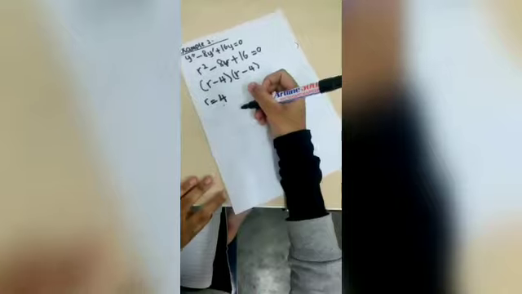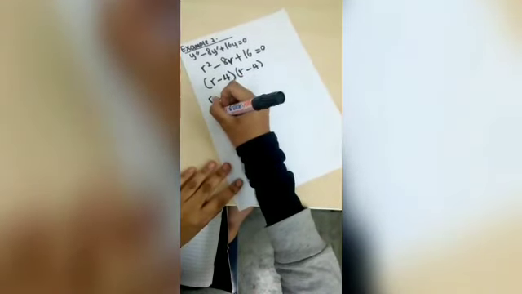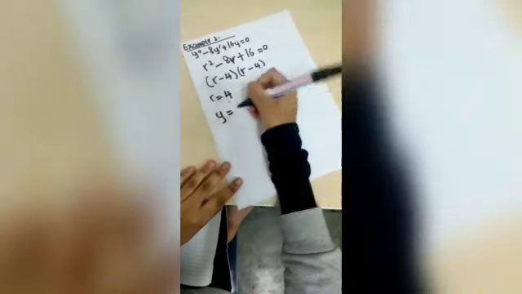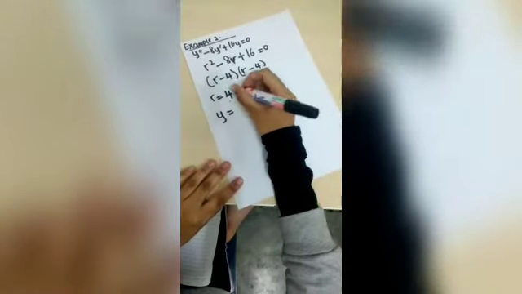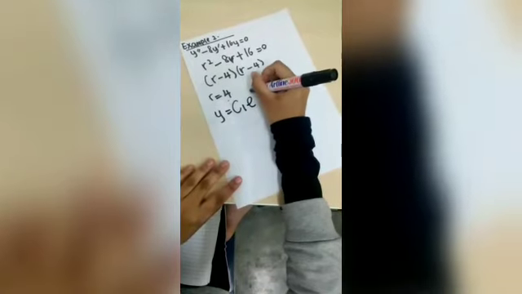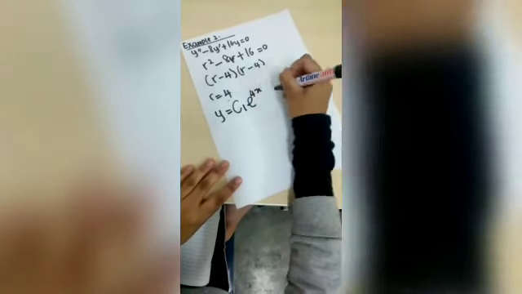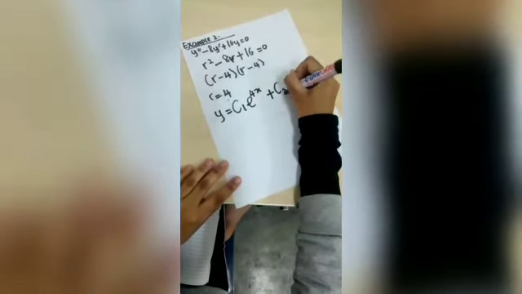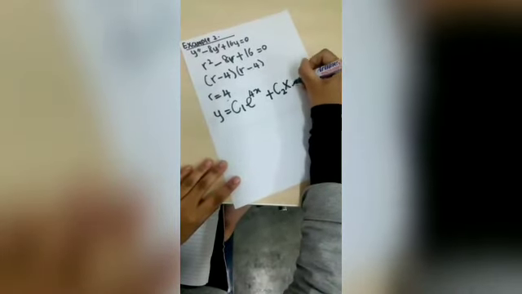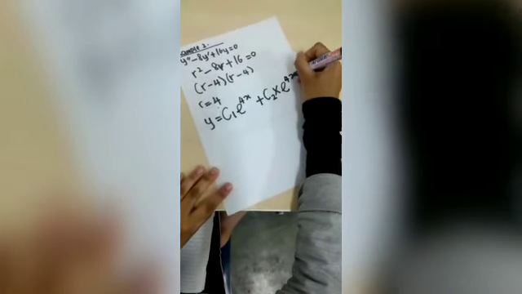So in this case, r equals 4. To write the new function, it is like this: C1 e to the power of 4x plus C2 x e to the power of 4x. This is the new function that we get.